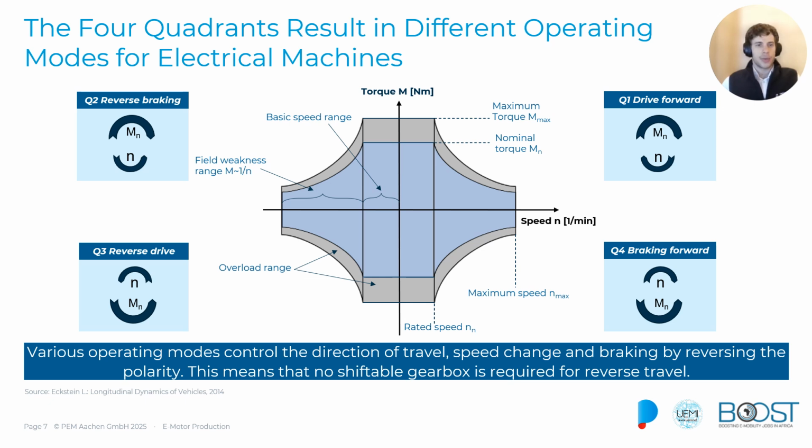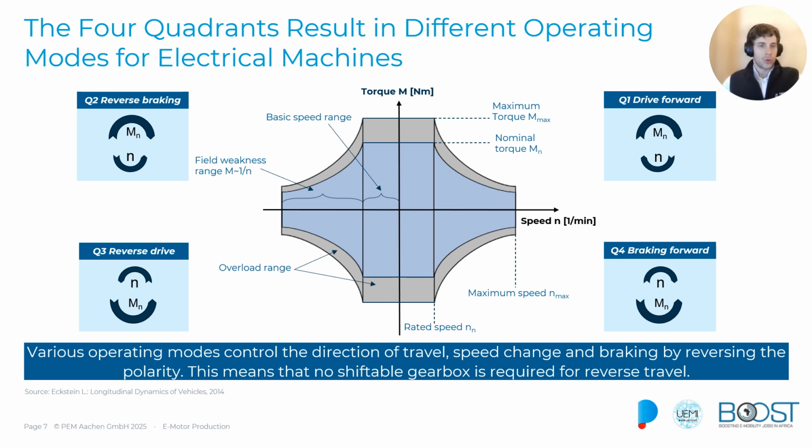On this slide, we take a look at the various operating modes we can use with an electric motor. In Q1, we have the standard drive forward. The magnetic field and the rotor rotate in the same direction, forward. Now, what's different to an internal combustion engine, we are able to brake by reversing the polarity.